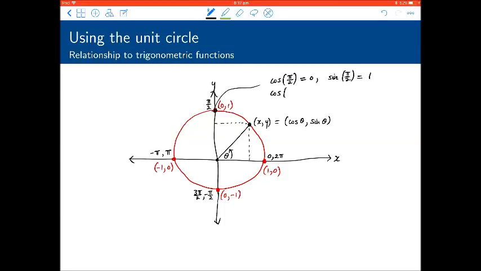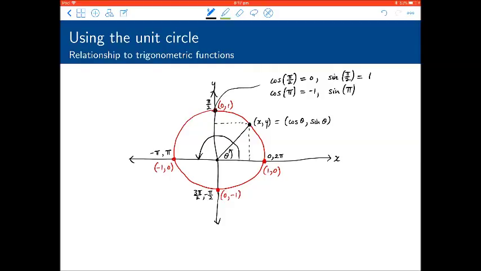Similarly, cos of pi is the x coordinate. Pi is equal to 180 degrees, so 180 degrees through here. So cos of pi is equal to the x coordinate, which is -1.